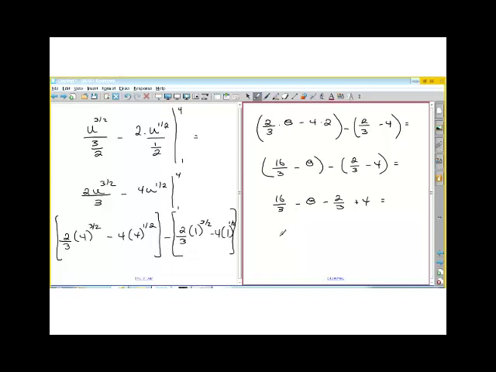And let's put it all in terms of thirds. So if you multiply it by 3, you'll get 24/3 minus 2/3 plus multiply by 3, so that's 12/3. Okay, now we just add them all together.